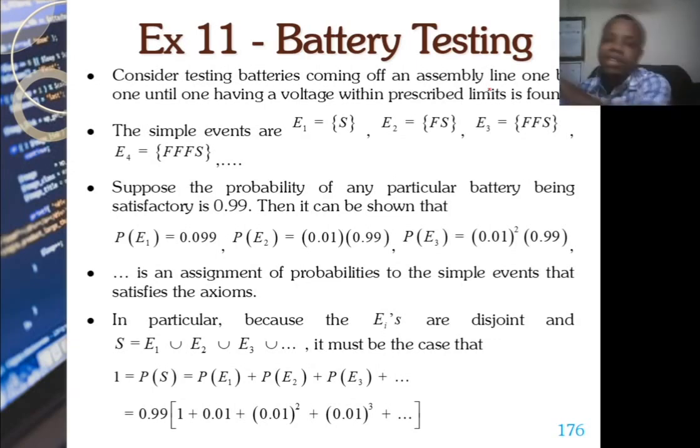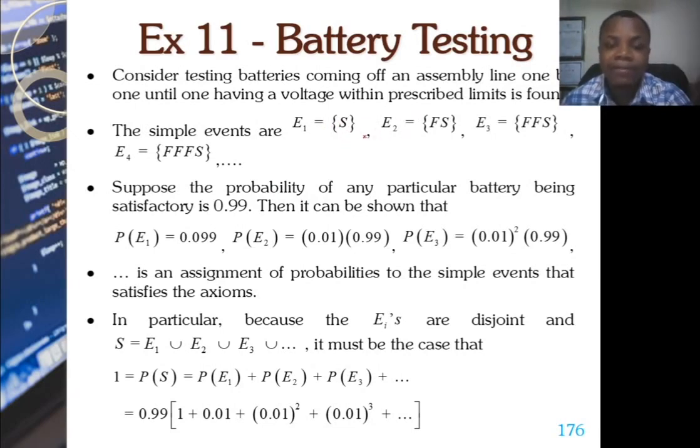In this case, we are going to monitor the line until a battery having a voltage within a certain prescribed limit is found. If we have a success, meaning this particular battery is good, we represent it by S.